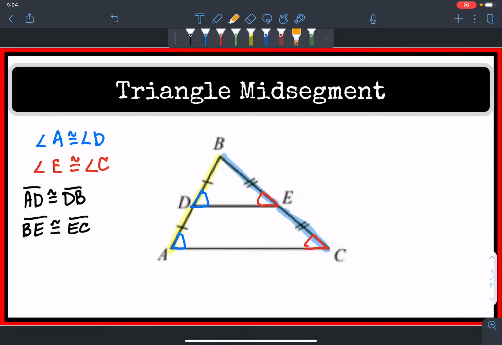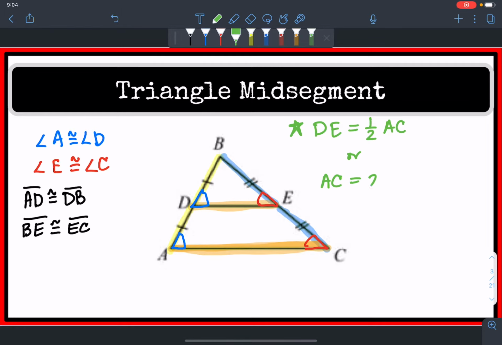And finally, the relationship between the midsegment and in this case the base of this triangle, which is probably the most important of all of these things and what we use mostly, is that the length of DE, the distance from D to E, is equal to 1/2 the distance from A to C, or we can say AC is equal to 2 times DE, which in this situation is probably easier to use when we're trying to set up and solve equations.